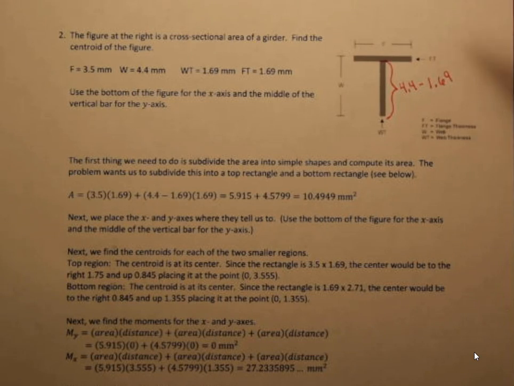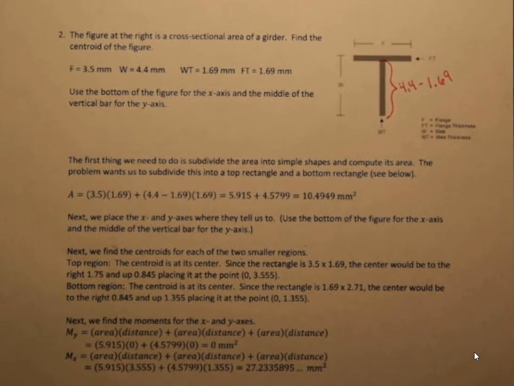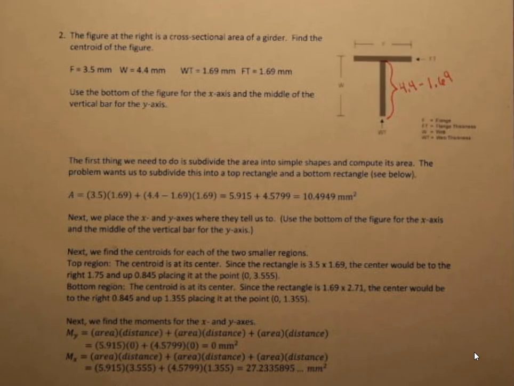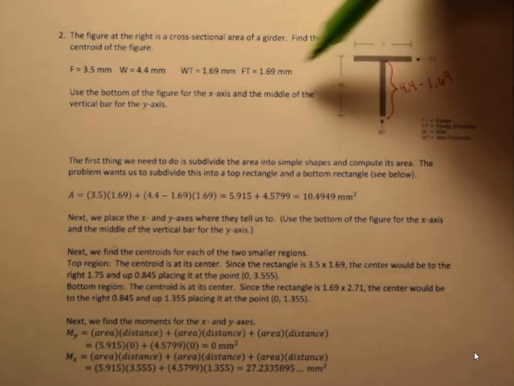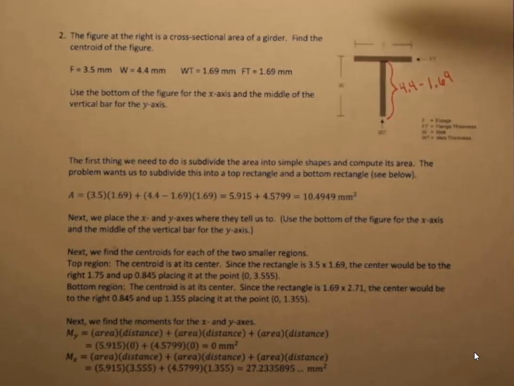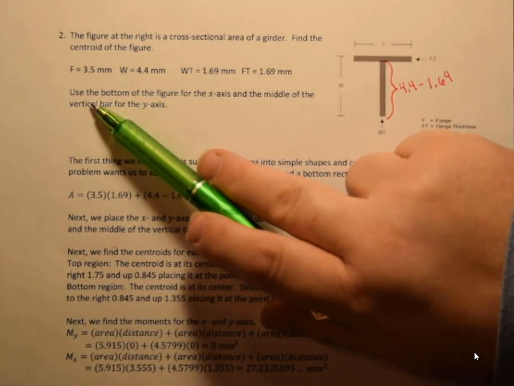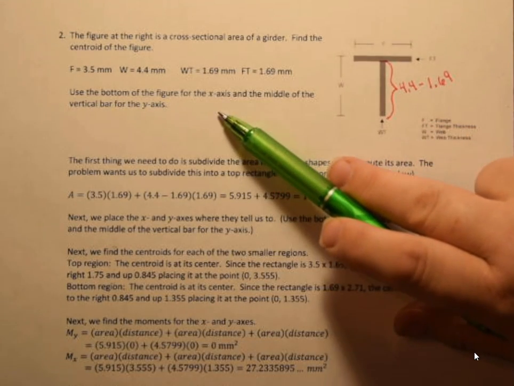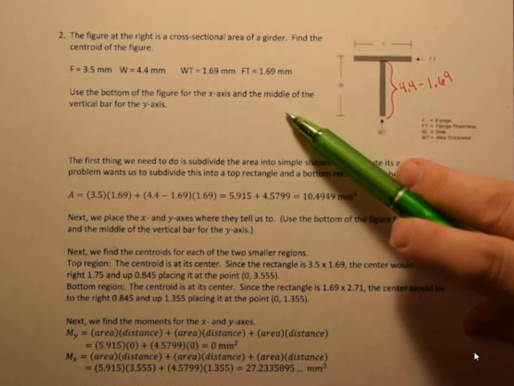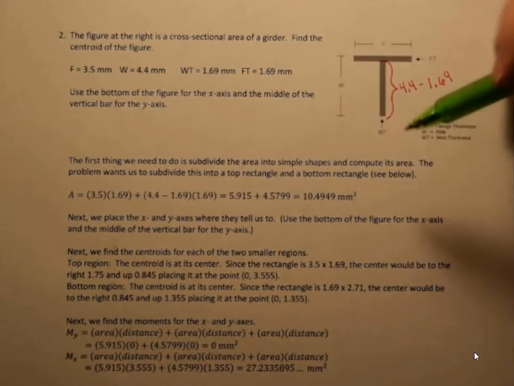The second thing we need to do is place an X and Y axis somewhere. Well, where are we going to put it? We can put it anywhere we want because the problem doesn't tell us. Oh, no, it does tell us. I'm sorry. It says use the bottom of the figure for the x-axis and the middle of the vertical bar for the y-axis.